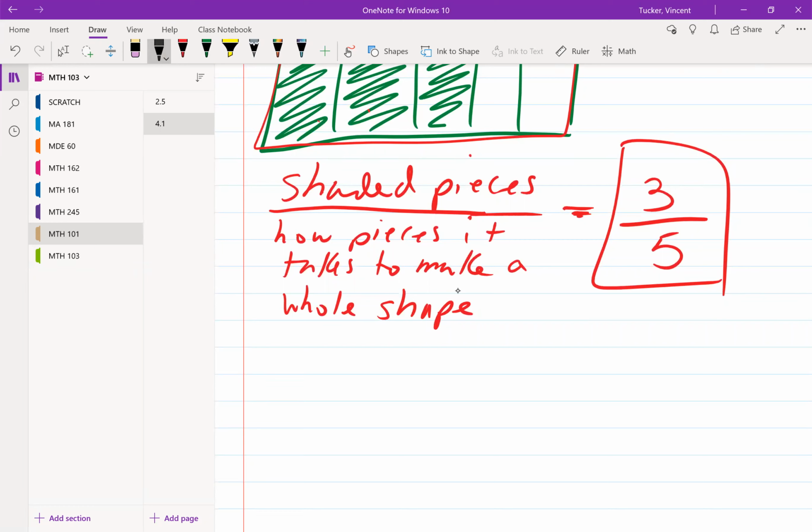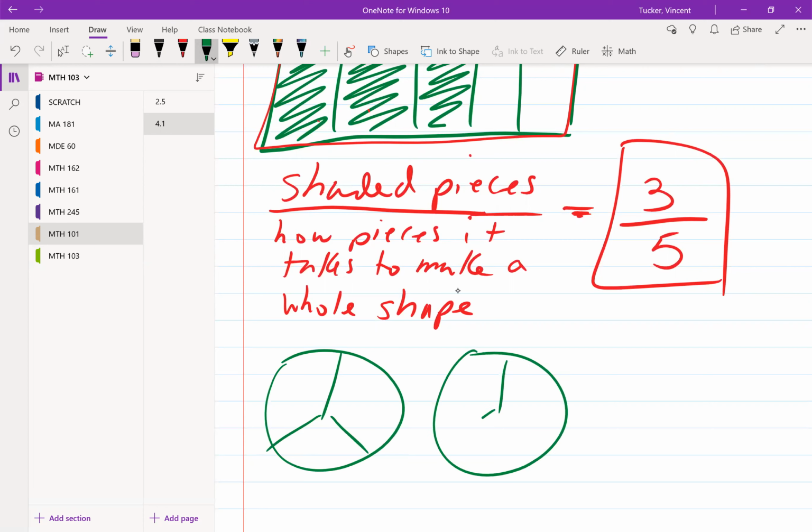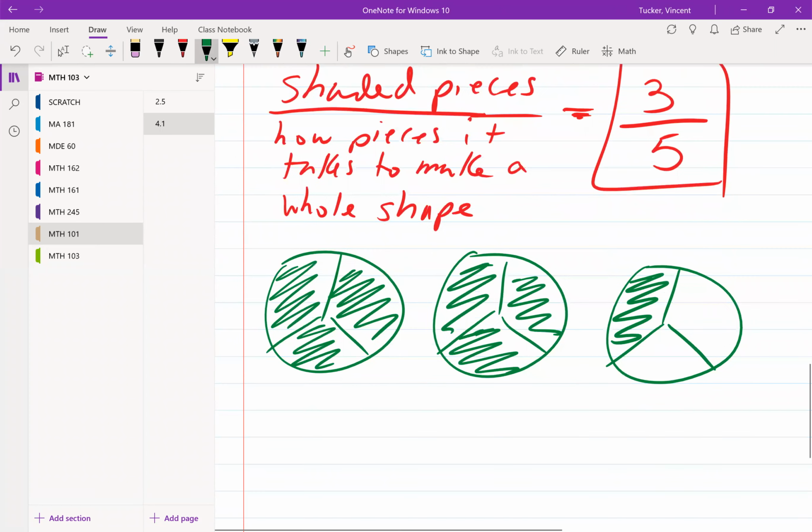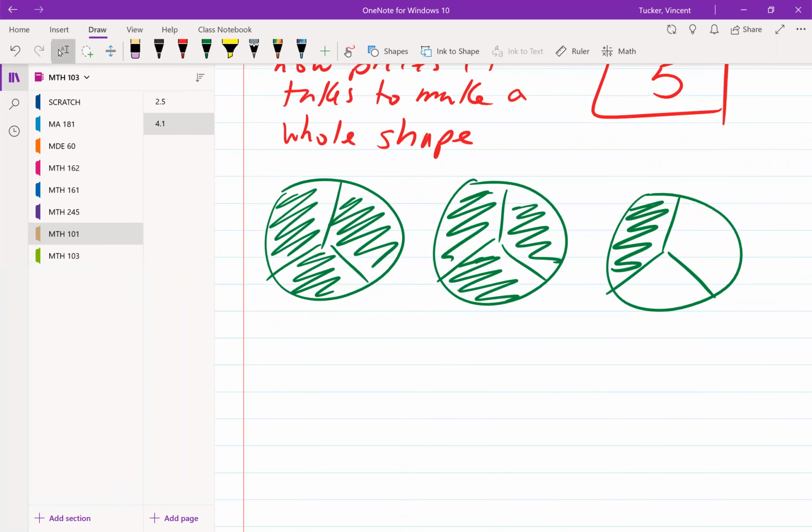Let's say I had this type of problem. The top is probably going to be the easiest part of this exercise.